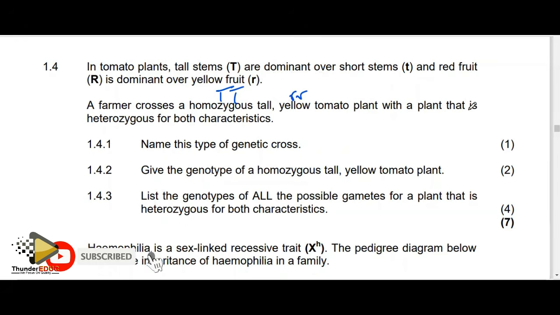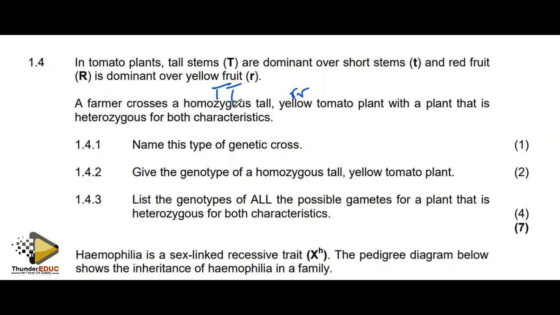The farmer crosses a homozygous tall, yellow tomato plant with a plant that is heterozygous for both characteristics. It means that it's going to be capital T, small t, and capital R, small r.